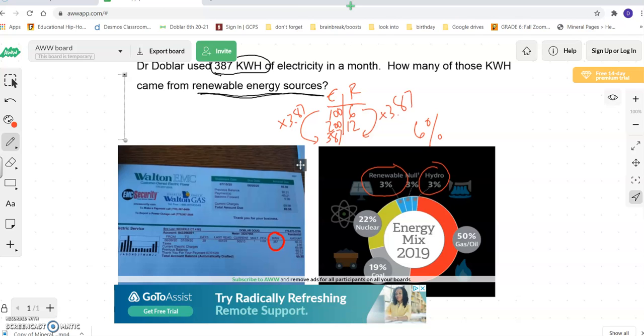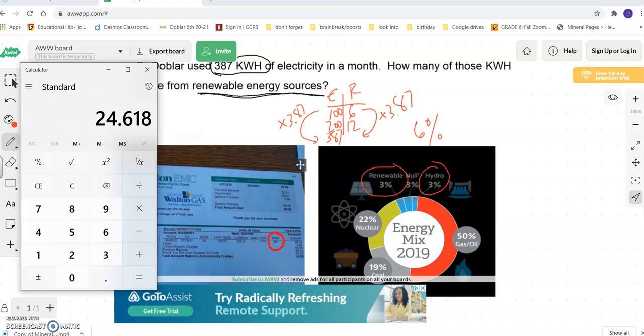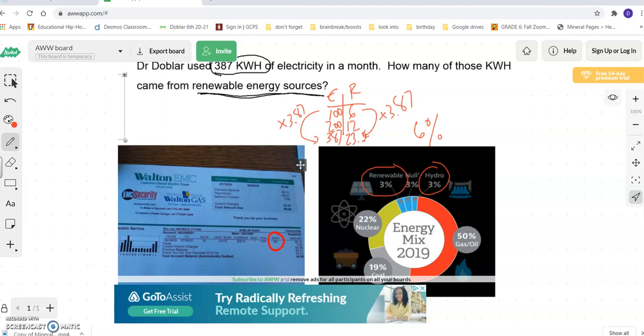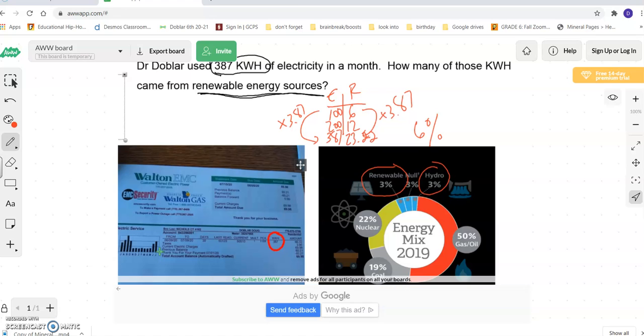It's going to be between 18 and 24, 6 times 3 and 6 times 4. Pretty pitiful amount when I go back and calculate it. 6 times 3 and 87 hundredths. So you get 23 and a little. So not much. Unfortunately, far less of our electricity is renewable than I would wish.